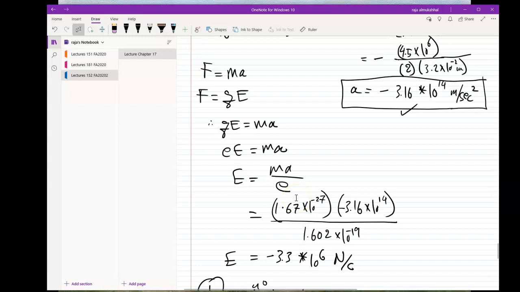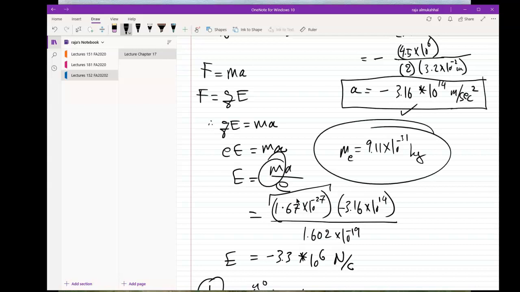Here, the mass of the proton is 1.67 times 10 to the negative 27. The mass of the electron is 9.11 times 10 to the negative 31 kilogram. So you're just going to take the same formula, plug in this number, and that will give you the electric field for the electron. You see what I'm saying? And that's it. Okay, good.